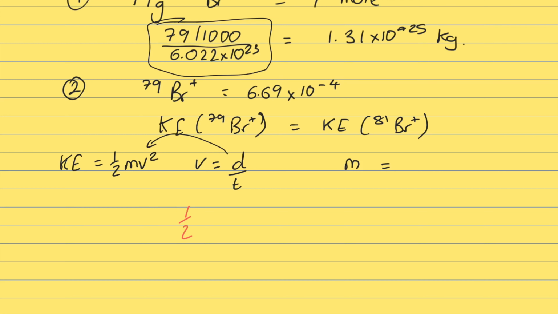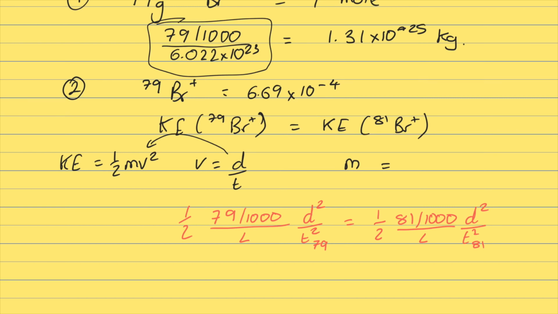A half of 79 over 1000 divided by Avogadro's number times d squared over t squared for the 79 isotope is equal to a half times 81 divided by 1000 over Avogadro's number times d squared over t squared for 81.